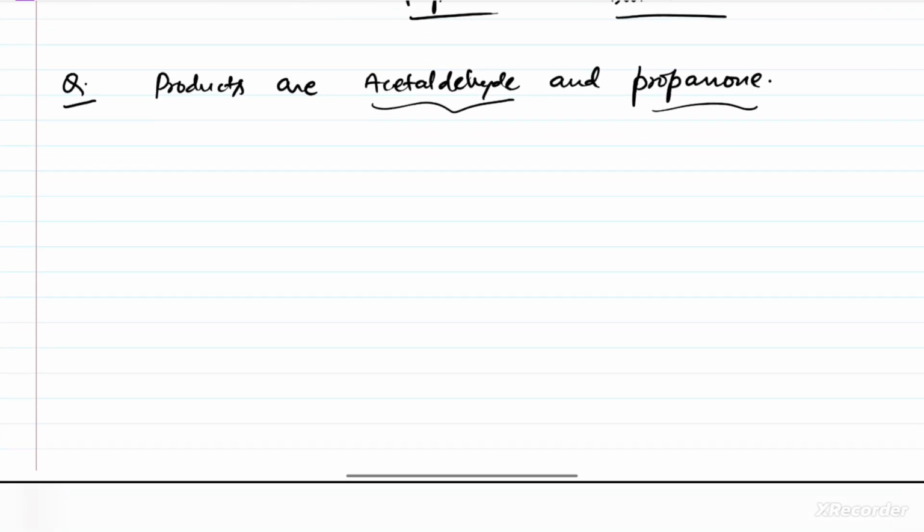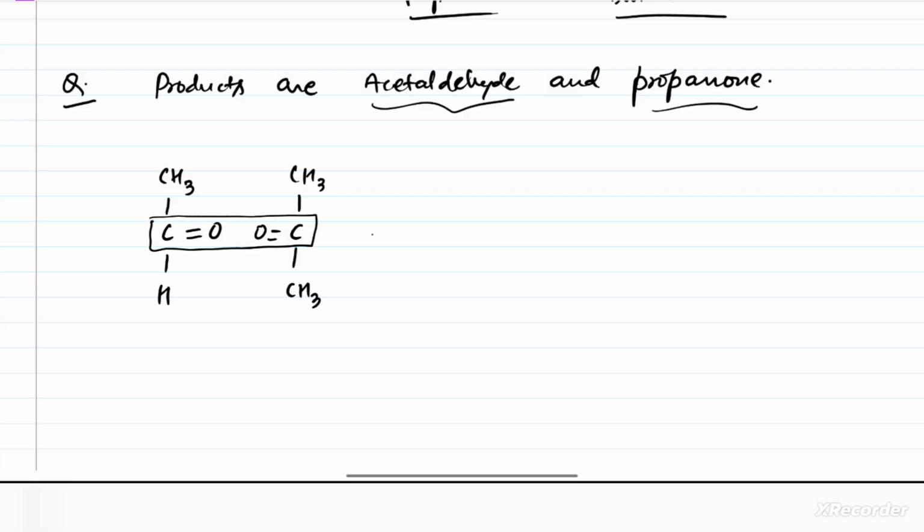How can you write the alkene using these products? Write down these two products: CH3CHO, this is acetaldehyde, and propanone is CH3COCH3. These are the two products. Write them in such a way that the carbonyl groups are aligned head to head.